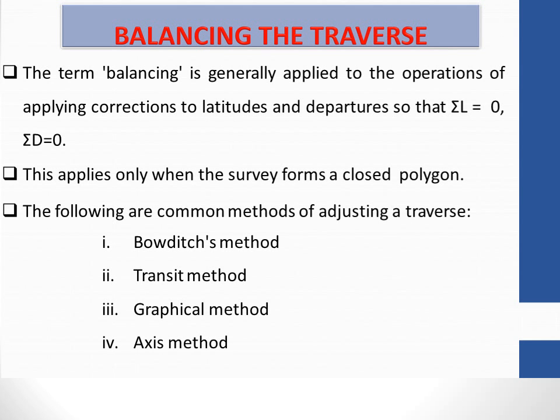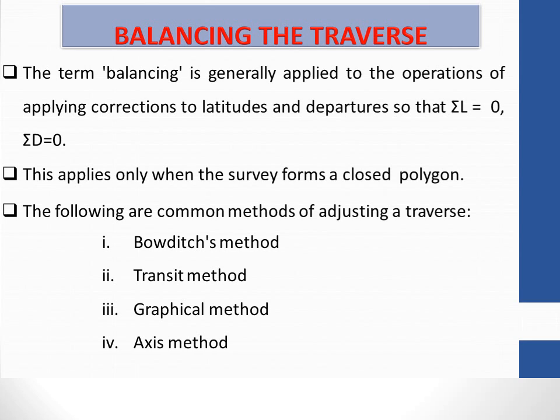Balancing the traverse. So far you learned how to measure the error, that is our closing error of a closed traverse. Once you know what is the error in a particular traverse, you can correct it using different methods. Such methods are termed as balancing the traverse.